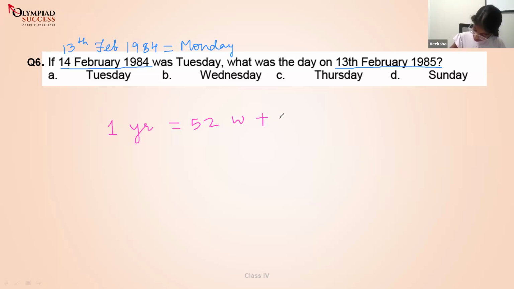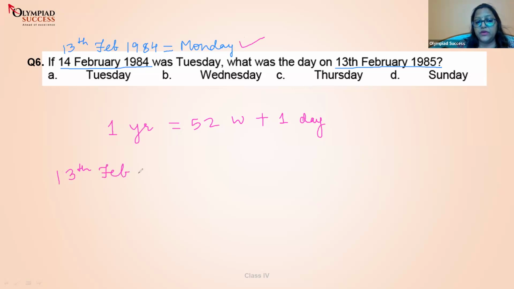Yes. They're asking you exactly after 1 year. So even if you add 52 weeks, don't you think that you will be getting Monday itself? Because here you have 13th February, and you started calculating from 13th February 1984. You already know that if you add 1 week, that means if you add 7 days, you get the next Monday, correct?